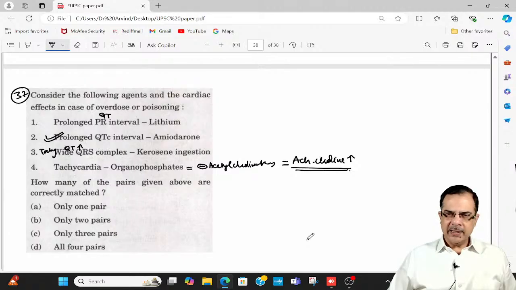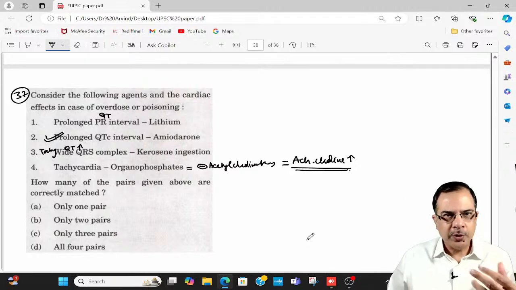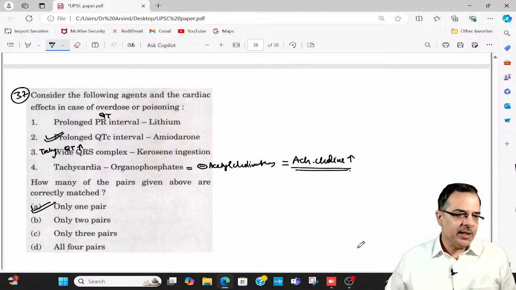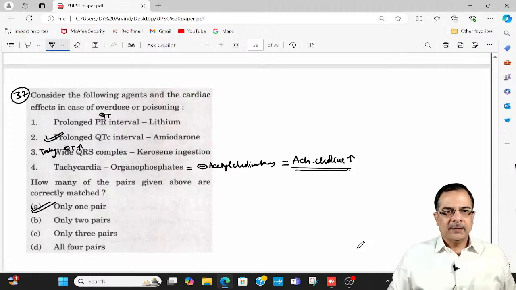And when the acetylcholine level increases, what will happen to the heart rate? So all of you can tell me that the heart rate will not be tachycardia, it will be bradycardia. So how many pairs are correct? Only one pair is correct here. Second one, yes.